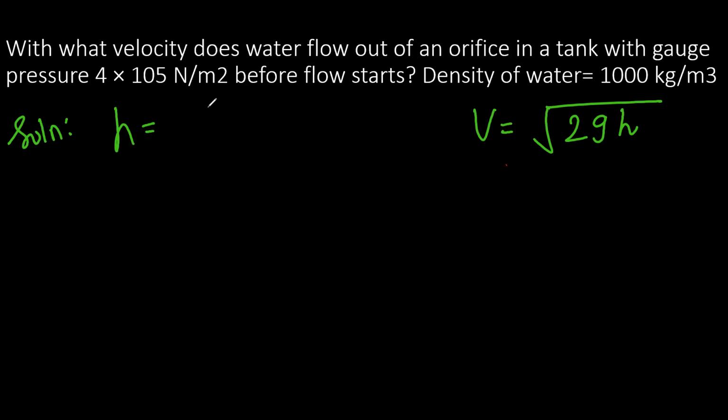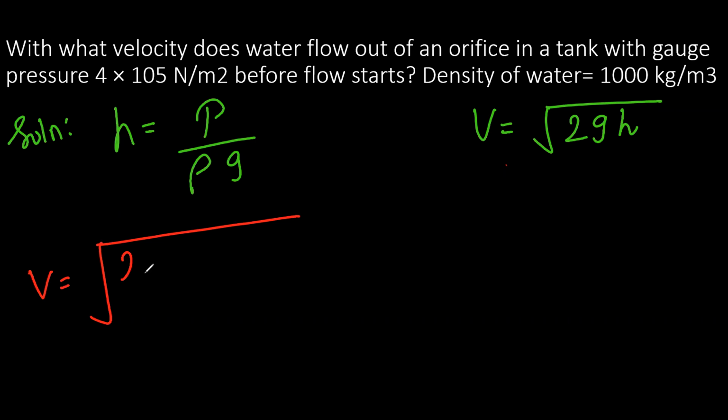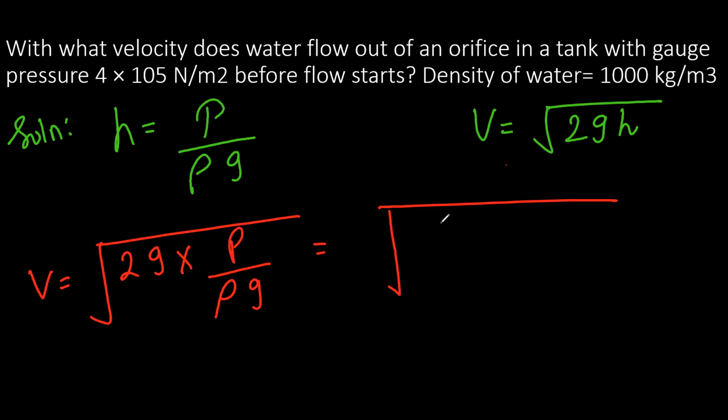You know that it is P upon density into g. Now if I put this formula into V, h is P divided by density g. g gets cancelled. So what is the new formula? V is the square root of 2P upon density. So this is your formula.